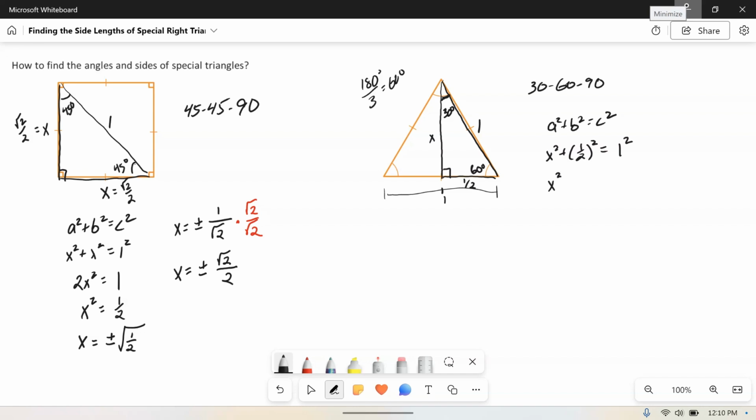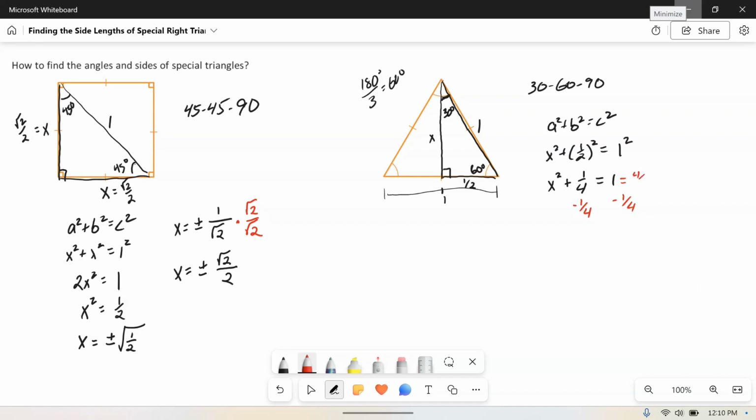So we simplify this a little bit. We'll have x squared plus 1/2 squared becomes 1/4, and that will equal 1. We then need to subtract 1/4 from each side. And when we do that, it might be helpful to think of this 1 as a common denominator.